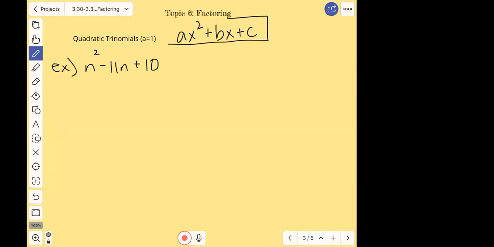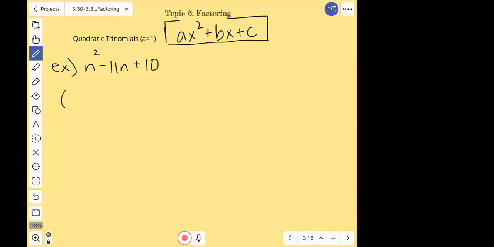So again, we're dealing where a is just 1. It's 1n squared. So when a is 1, you have a much easier time factoring. I call this the easy method. You basically just want to find 2 numbers that will multiply to give you c, or 10, and add up to b, negative 11.